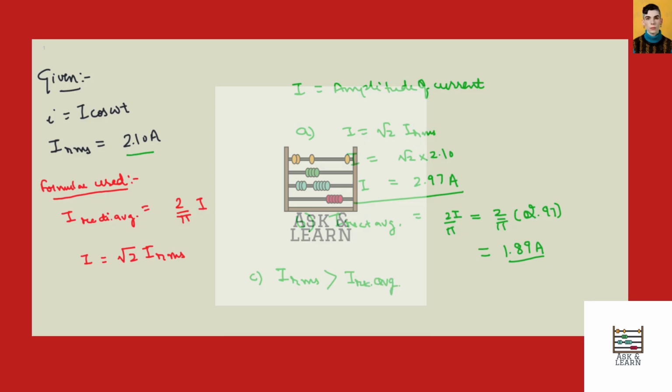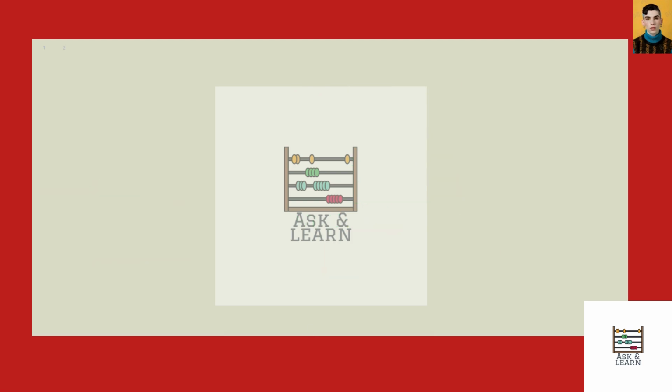And this is true because if you look at the diagrams of the waves, let's say this is our current I, and this is our time, and this is the maximum, the I amplitude. So this I equals I cos omega t.